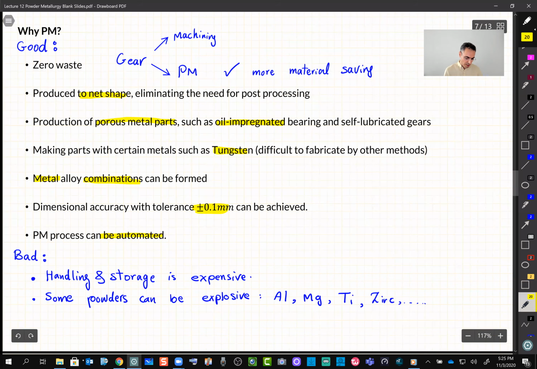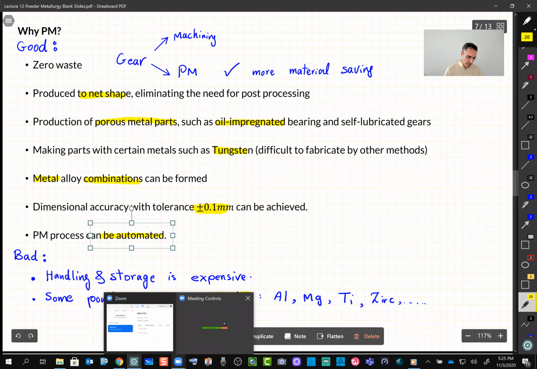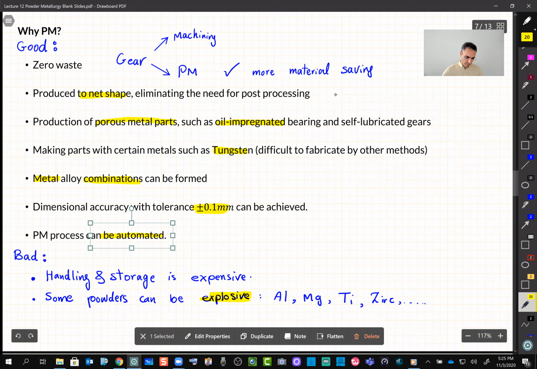And now you can think that if they are explosive, then even the storage and handling of it can be more and more expensive, right? That's the main drawback that makes people try to avoid powder metallurgy. And of course, these things drive the cost high.